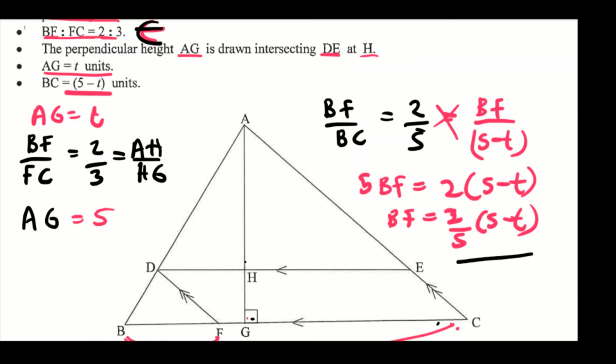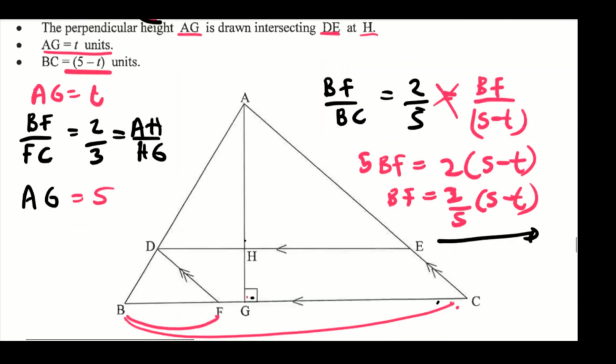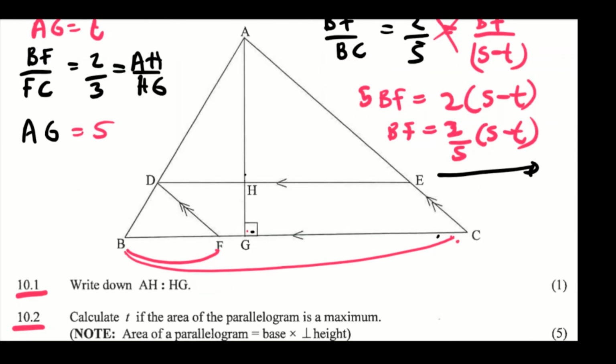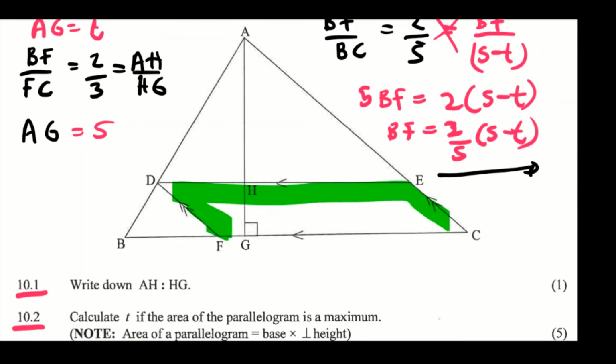So BF is equal to 2 over 5 into 5 minus t. So that is BF. Why am I calculating BF? I'm calculating BF so that I can find HG. It's very important, because the whole purpose now is to find the area, this area here. So for us to find the area, we must find the dimensions of this parallelogram.